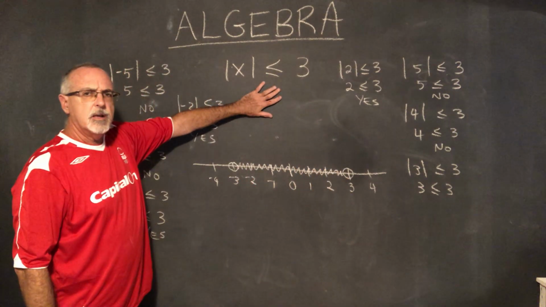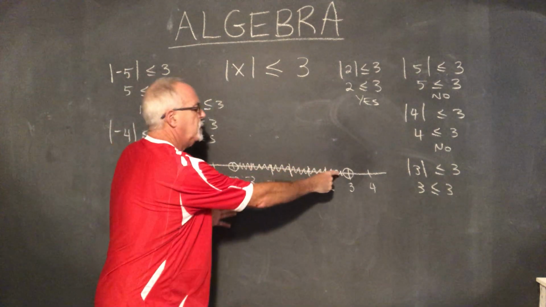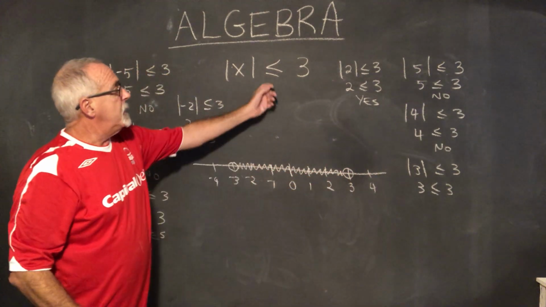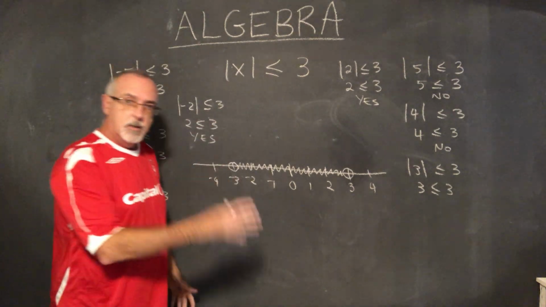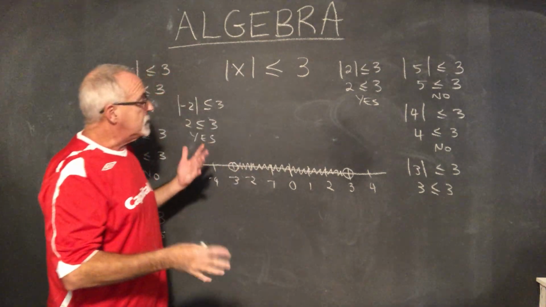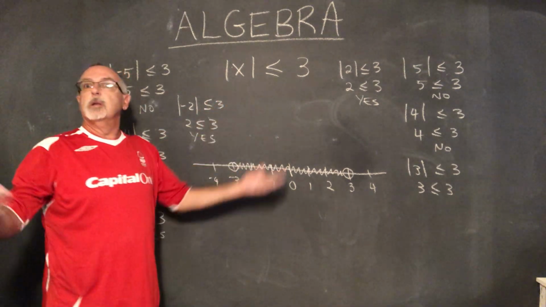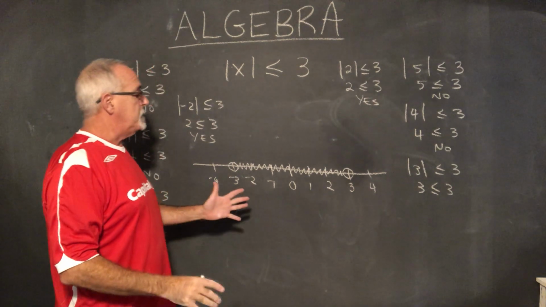So, interesting. Why did it happen this way, where we have just one block of shading instead of 2? Because we had a less than symbol instead of a greater than symbol. And this is why it's good to do a bunch of these to practice, because then you start feeling confident. Okay, I noticed this happened once. Does it always happen? If I practice enough, I'll be able to figure out for sure if it always happens.